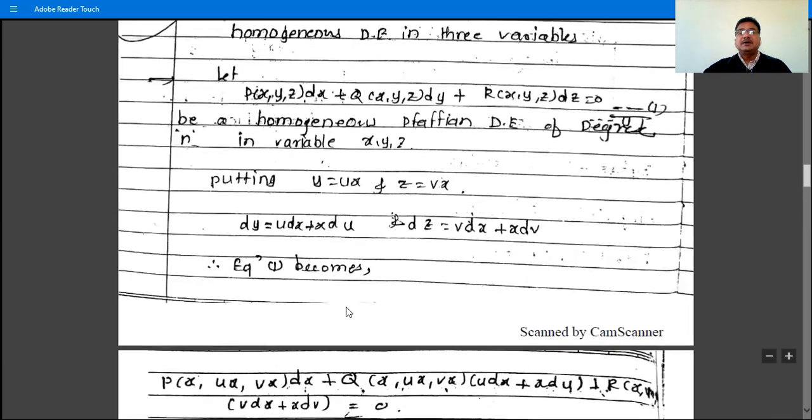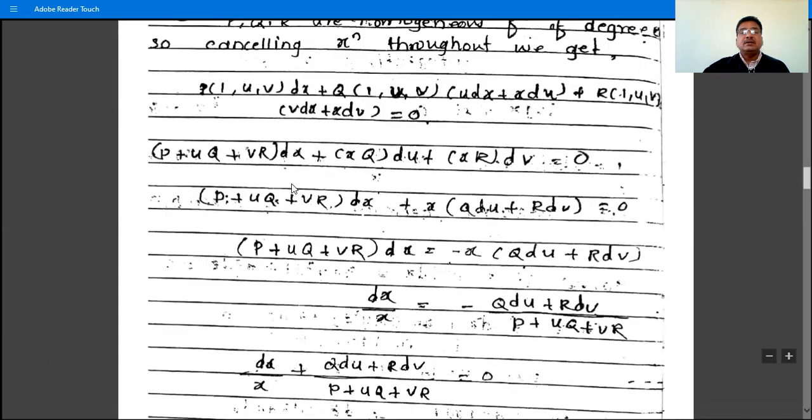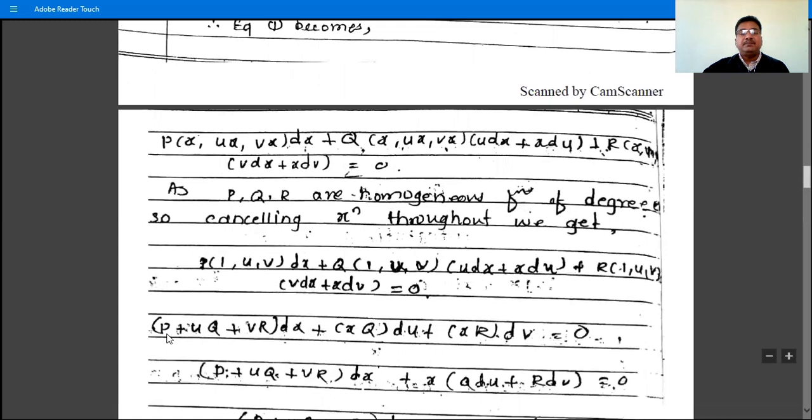So equation 1 becomes in this form. As P, Q, R are homogeneous functions of degree n, we have x raised to n as a common factor in these three, so cancel the x raised to n.